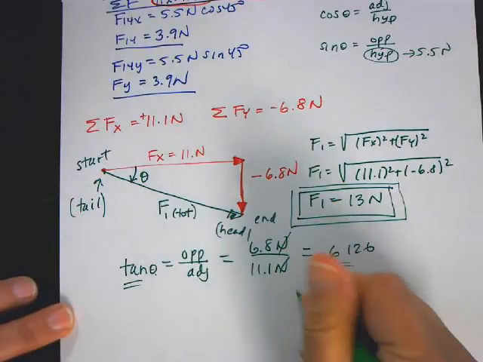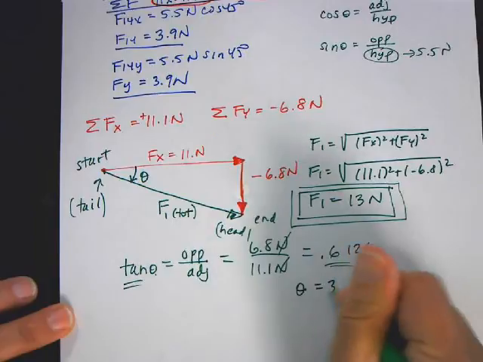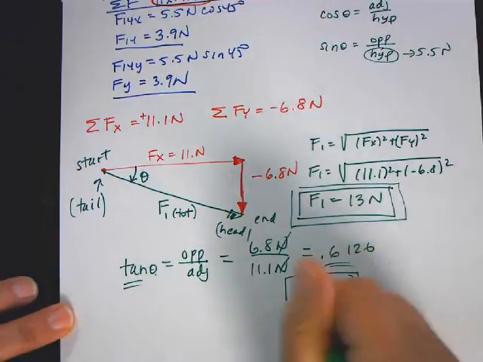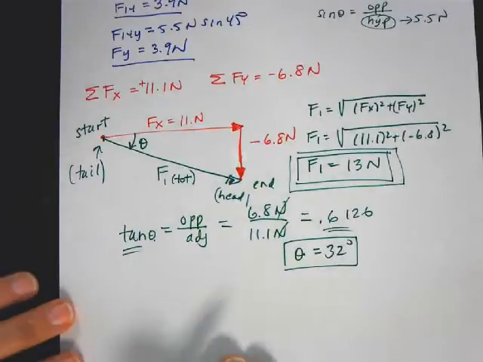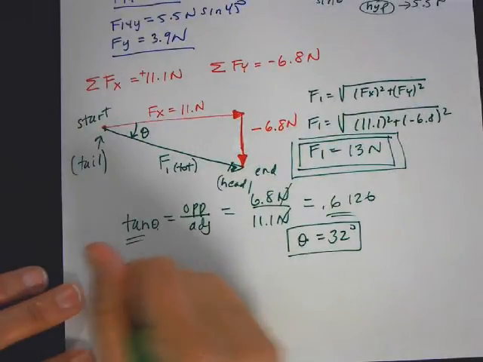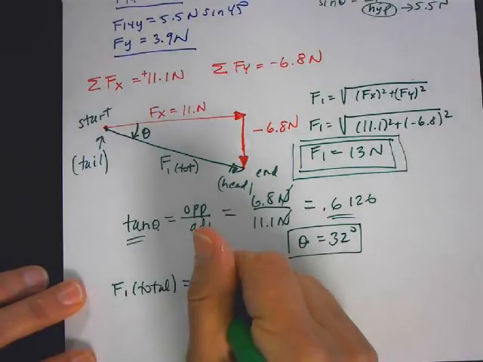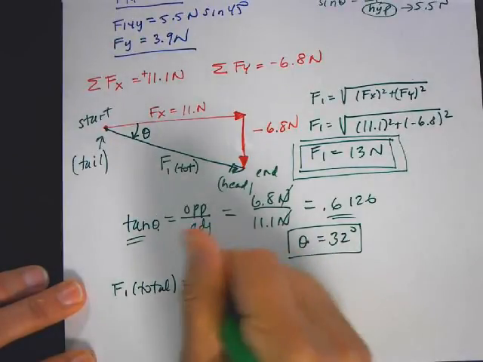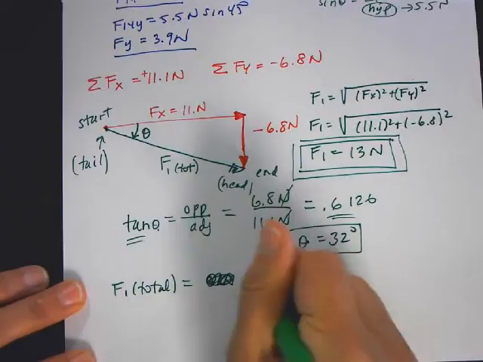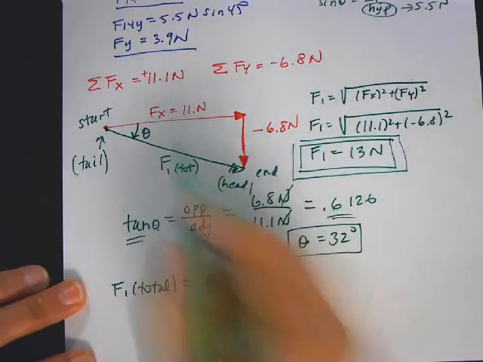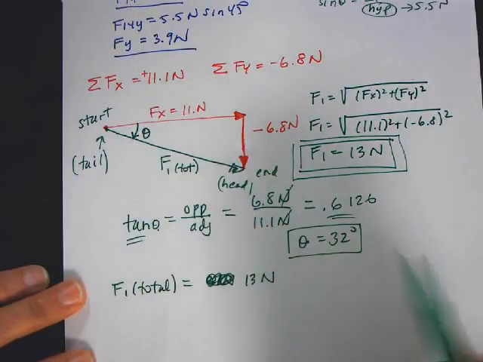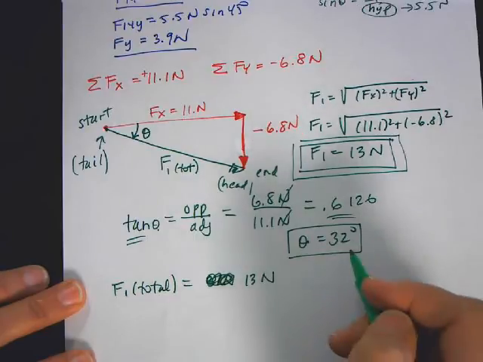And where is this angle? This is 31 degrees or 32 degrees below the positive x-axis. So 13 newtons at 31 degrees below the positive x-axis. And that is my final answer.